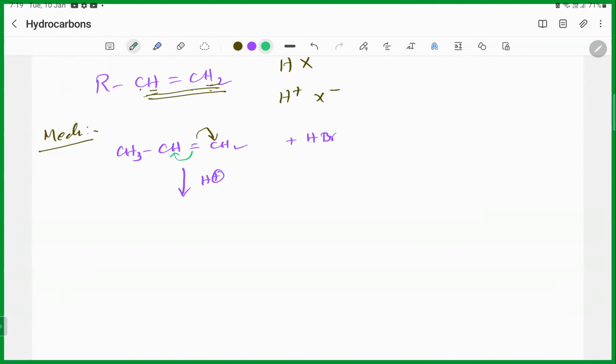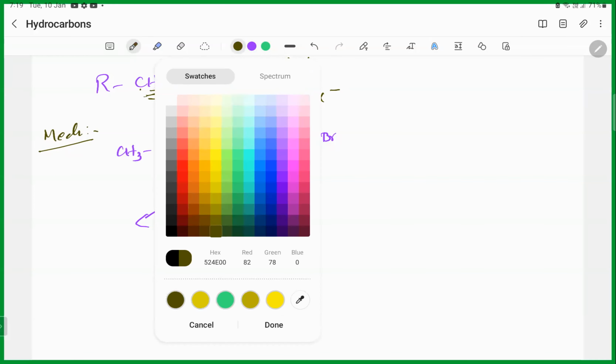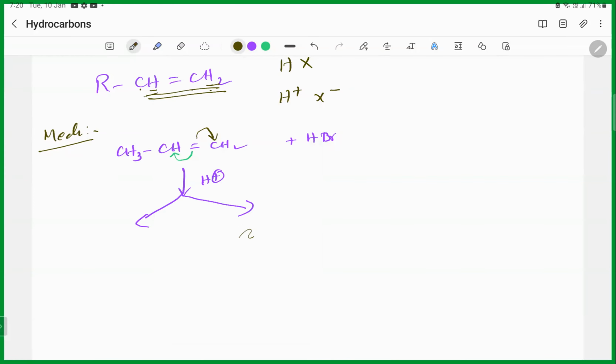So we have two types of carbocation. If it goes like this, then it will give CH3 CH plus CH2 minus. This CH2 minus will take the H plus, then it becomes CH3. Okay.